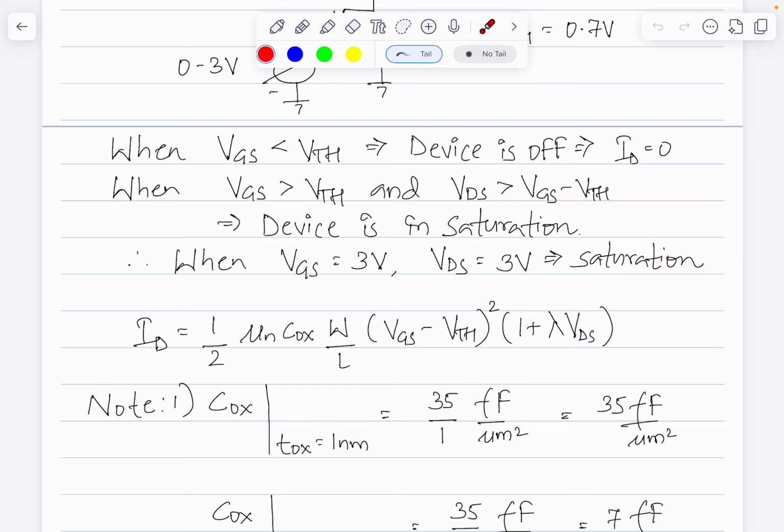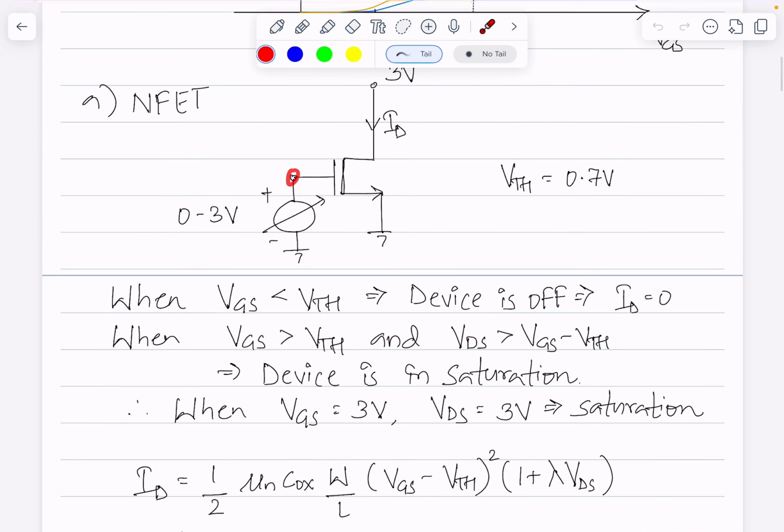An easy way to know if a device is in saturation or not is to look at the gate to drain voltage. If the gate to drain voltage of an NMOS is less than one threshold voltage, then the device is in saturation.